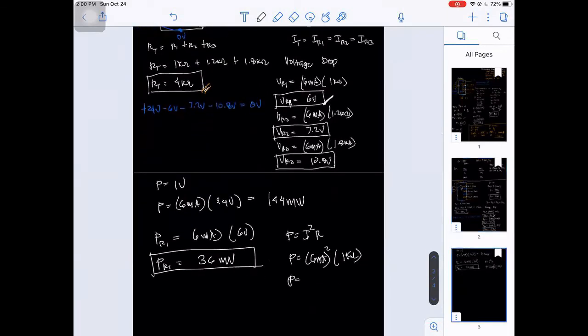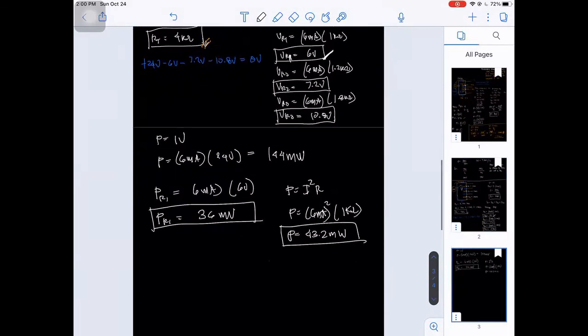So that is equivalent to 43.2 milliwatts. Okay. And for power across resistor 3, let's say we will use the other formula, V squared over R.